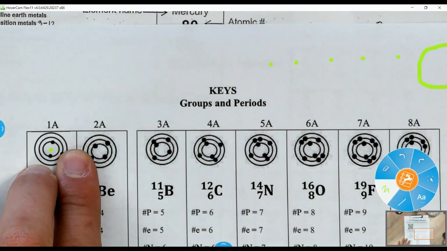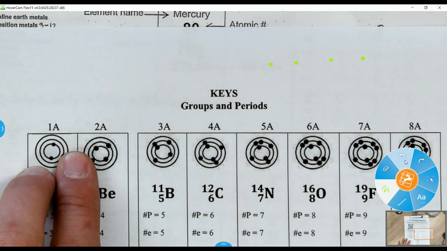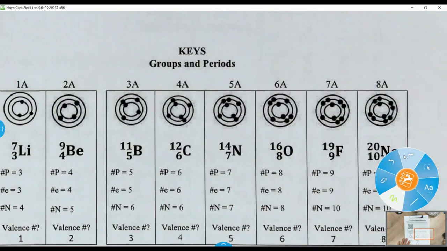It has its nucleus there, and it's got 2 electrons, so it has a complete energy level, but that's it. It has no more. It doesn't have a full 8. But everybody else in group 18, or on this paper group 8A, will all have the same amount in their very outermost one. Okay.